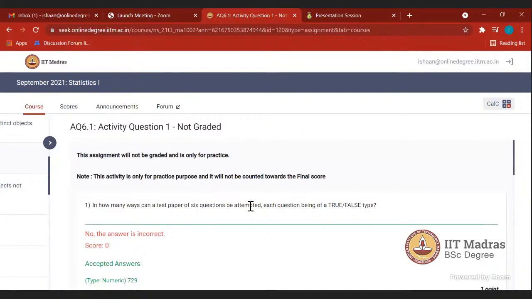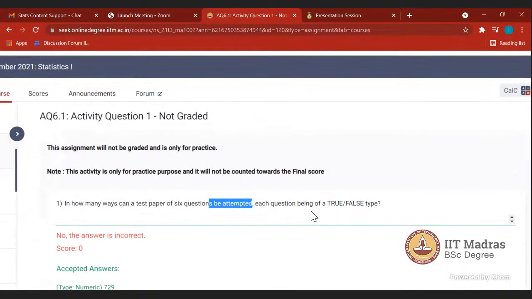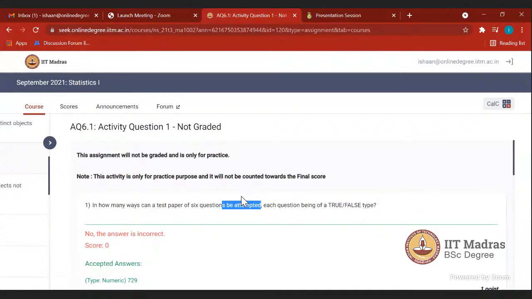In how many ways can the questions be attempted? It's possible that you may answer either true or false or leave it. If it's mentioned that he has answered all the questions, then it's 2 to the power 6. So you have to read the statements carefully to make the cases. That's the only thing. Yes, sir. Thank you.